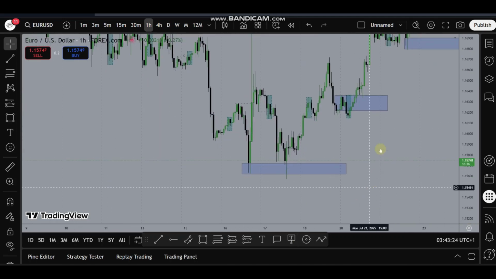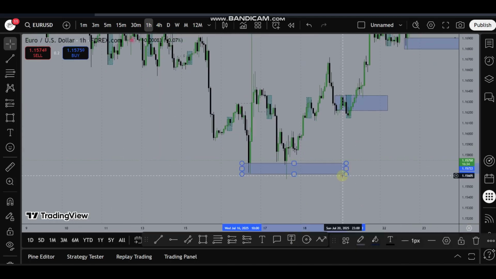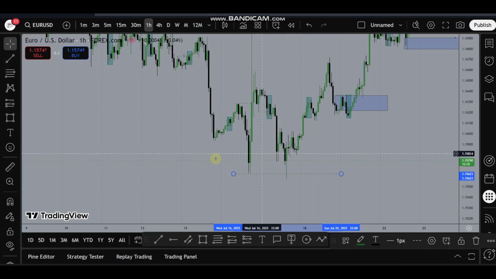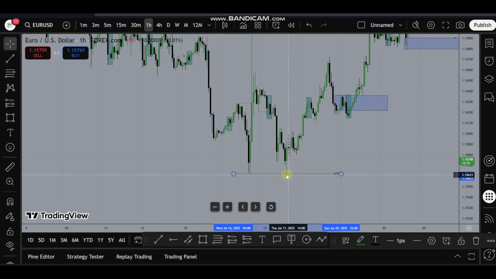A typical example is here. This is an old low. Price trades into it. For you to know price is respecting an old high or low, the body of the candle will not close below that low or high.